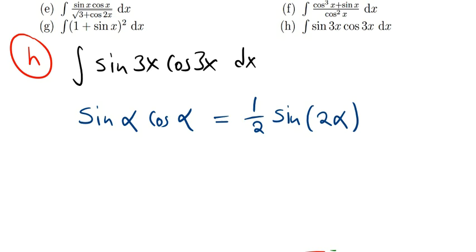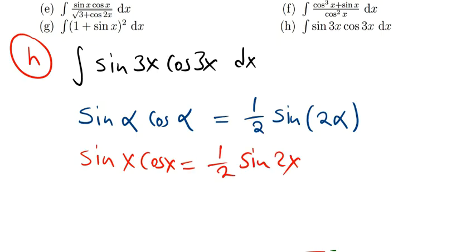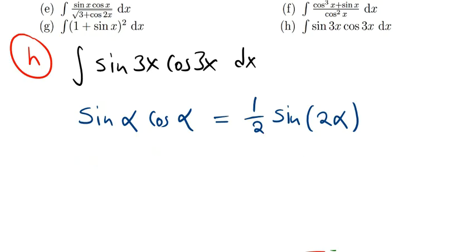Remember where this is coming from, right? Even when we said for sine theta, or sine x cosine of x, it was giving us half sine of what? 2x. Okay, so this is where you can remember this is from.